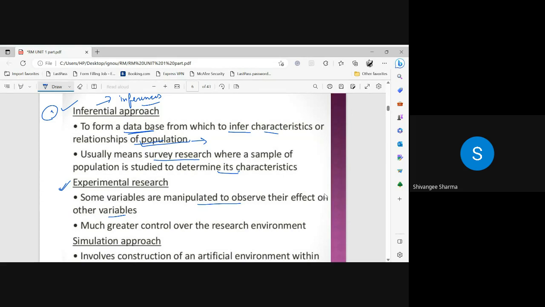If you are analyzing how the sales pattern goes, then that will be experimental research, right? So you are analyzing a cause and effect relationship between two variables and trying to manipulate one variable, by restricting the environment or by changing the quantities in that variable. That kind of research is known as experimental research.